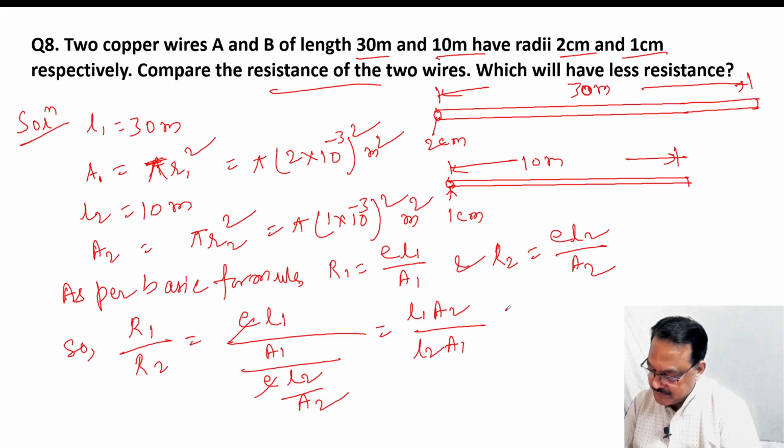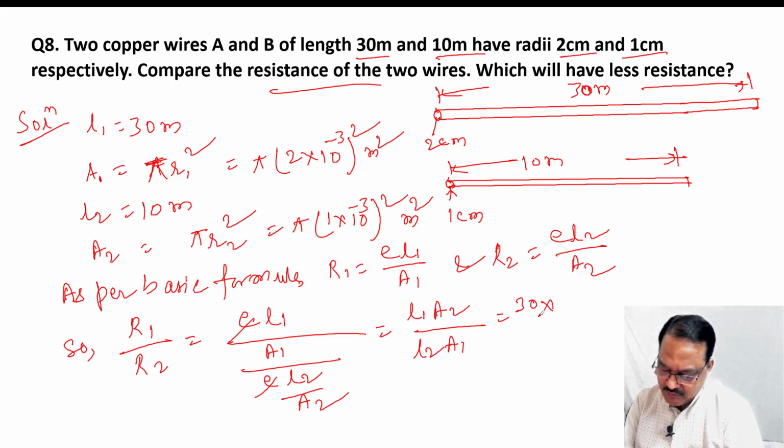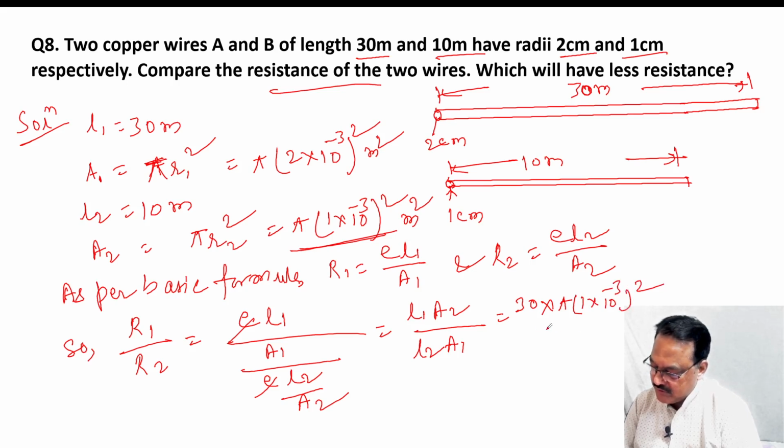L1 means 30 meter, and A2 is what we calculated here: pi into (1 into 10 to the power minus 3) whole square.